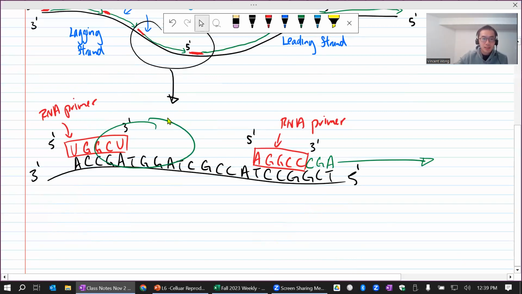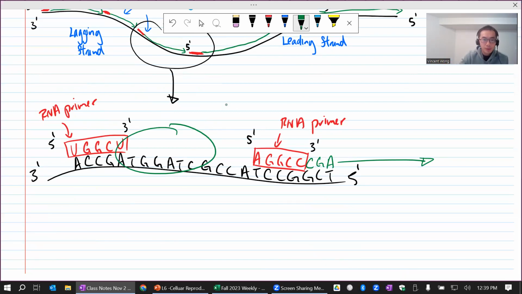Okay, this green circle is the polymerase 3, and then it's going to move along, right? It's going to move along, and as it is moving along, it's going to build the complementary strand. So T is going to go with A, C, C, T, A, G, C, G, G, T. All right, pretty straightforward, isn't it?